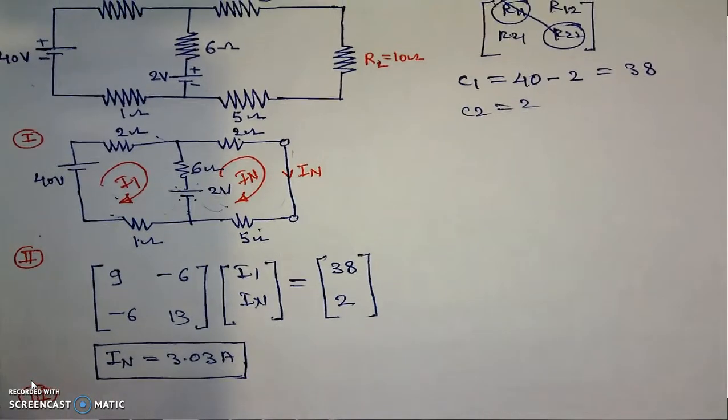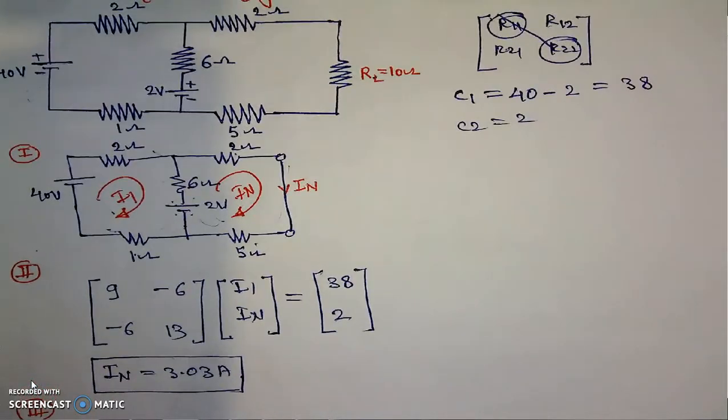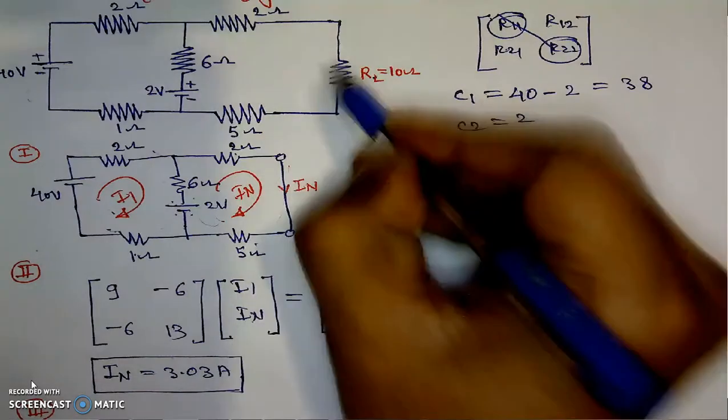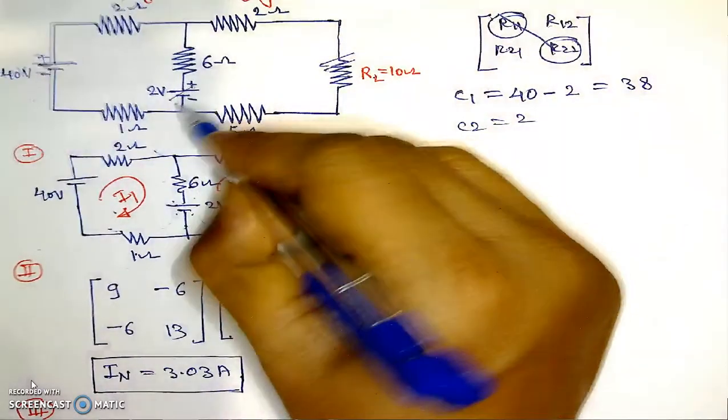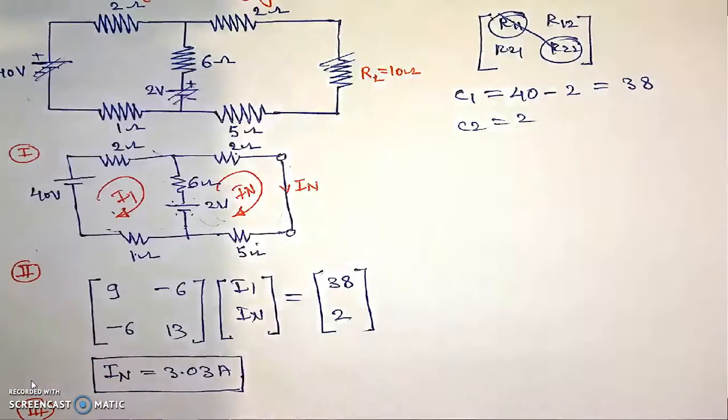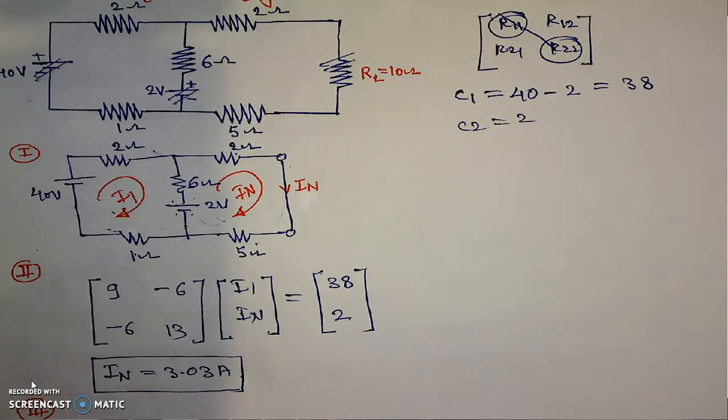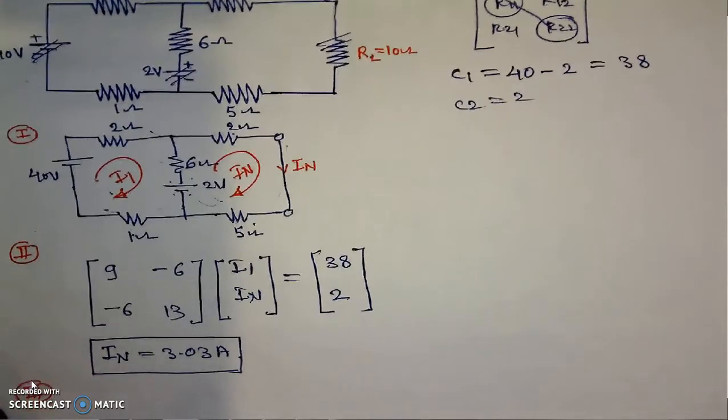For that purpose, we will draw the circuit in which the load resistance is removed, the voltage source is replaced by its internal resistance, and the remaining elements stay the same. Means the figure for step number 3 will be something like this.